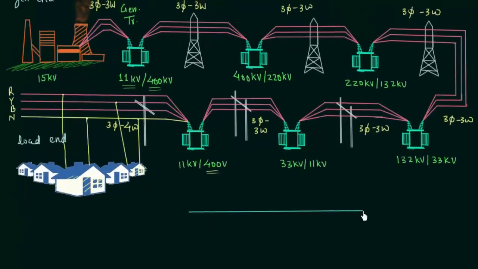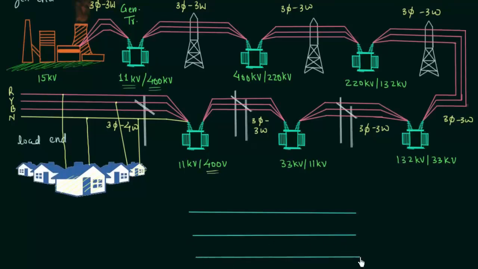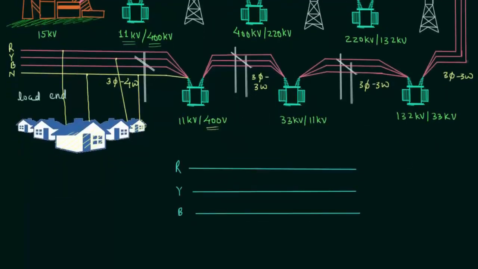We have three lines, red, yellow, and blue. And in this system, we have a three-phase, four-wire line, so another line is there, which is the neutral. If you calculate the voltage between R and Y, you will get 400 volt.